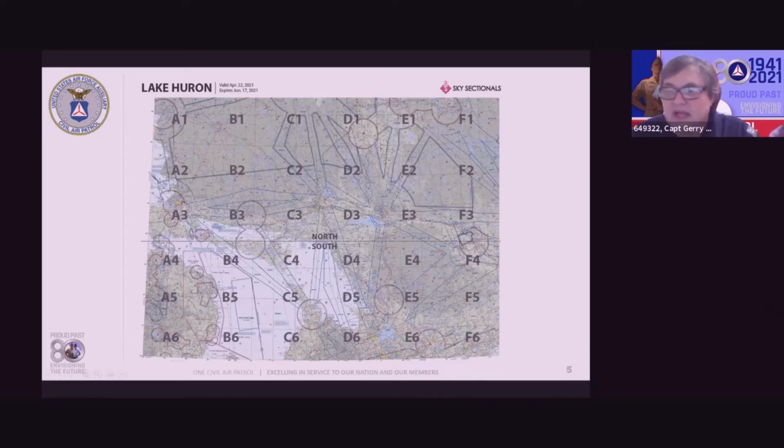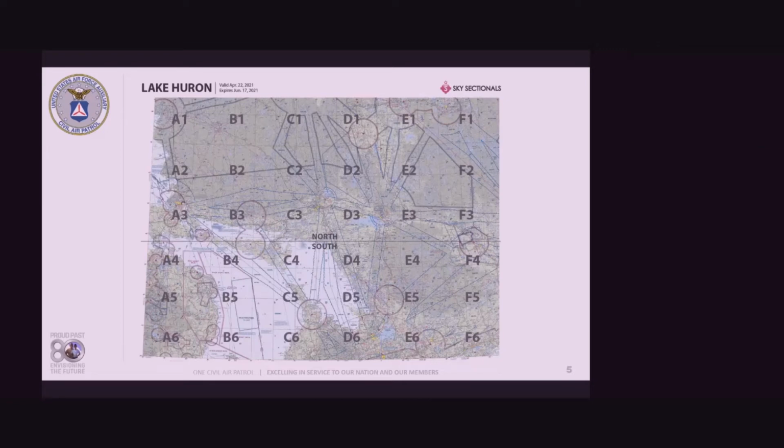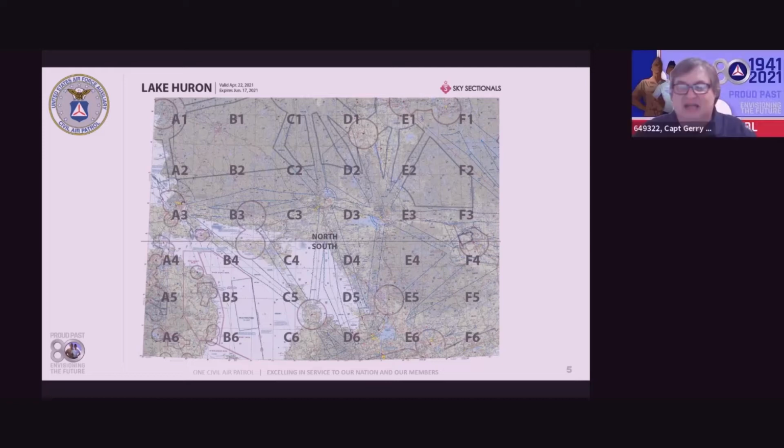So if we're saying it's 3/4 of a degree, how many minutes are we talking? 45 minutes, exactly. Right on. So we look at the sectional, check where we want to take a closer look. For our purposes, we're going to look at grid A3.